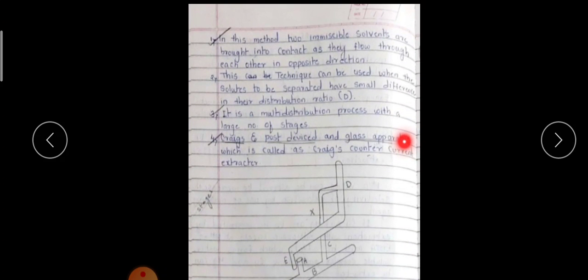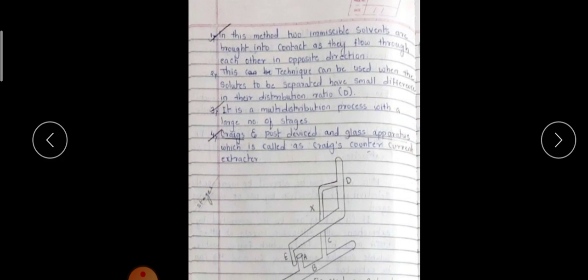This is for the Craig's counter current extraction. In this method, two immiscible solvents are brought into contact as they flow through each other in opposite direction. Very important: two immiscible solvents are brought into contact as they flow through each other in opposite direction.